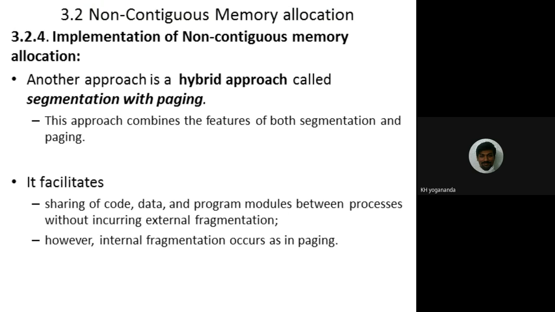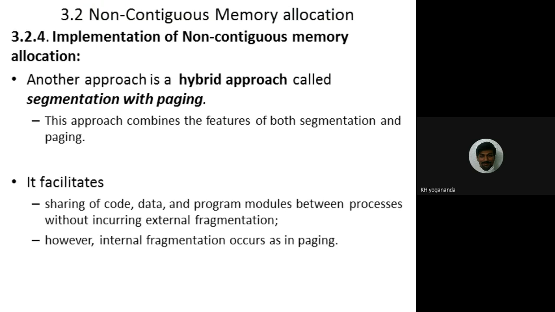If you remember, in the previous slide I mentioned the differences between paging and segmentation, and the occurrence of external fragmentation and internal fragmentation. When we use both approaches, segmentation with paging, definitely the facilities of segmentation and the fragmentation features of paging will be the main features.